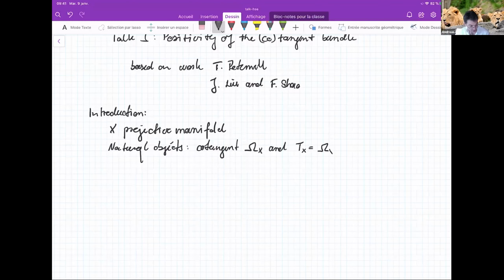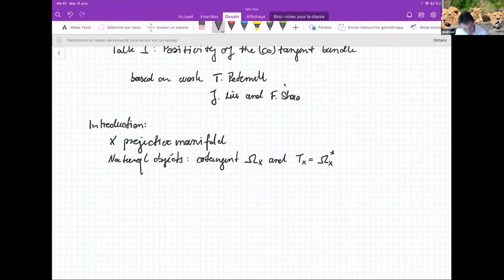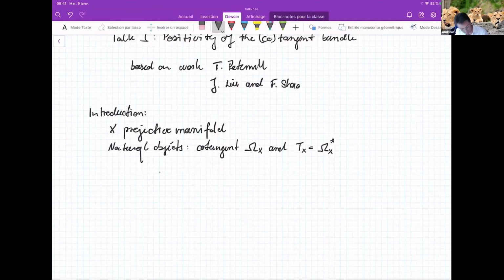And then it turns out that studying vector bundles is kind of an issue, and we will see this later on. Because higher rank is difficult to start with, you take the determinant, and you get the canonical bundle, and you take the determinant of the tangent bundle, and then you get the anticanonical bundle.